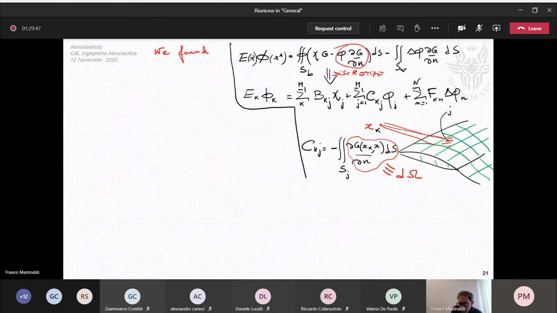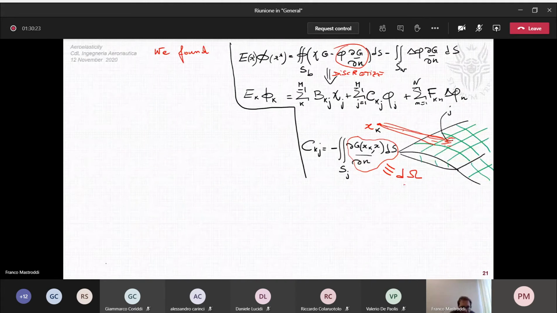Excuse me, this quantity is the omega, and therefore the integral on the panel is the finite solid angle under which you are seeing the panel from this point. Okay, and I want to show this, and at the end I want to connect this point with the definition of the domain function. Okay, so please be strong and follow me. No, we are finished, don't worry.